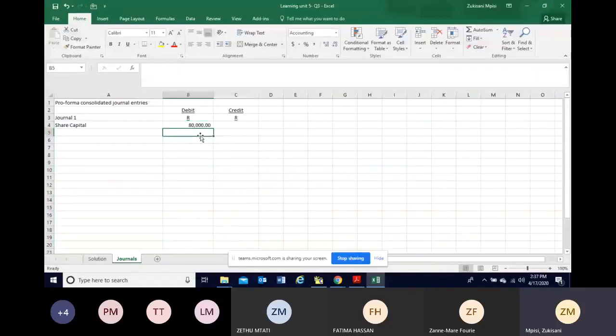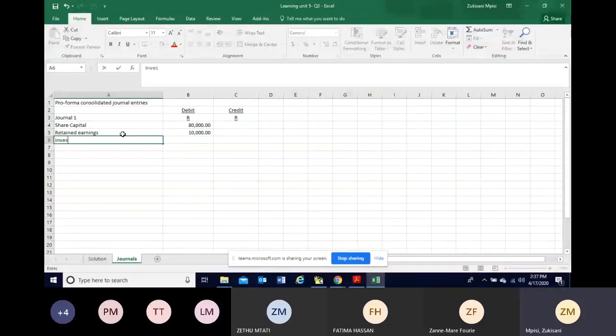And as a group, share capital by its nature has got a credit balance. If you put it on the debit side, it means you are eliminating it. You are derecognizing what you had before. Retained earnings, we were told that it was 10,000. We're also eliminating it on the debit side.